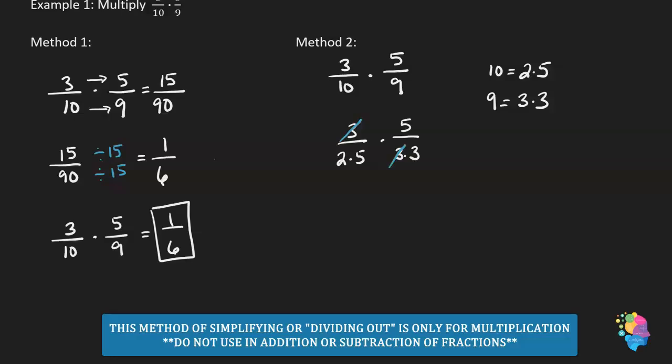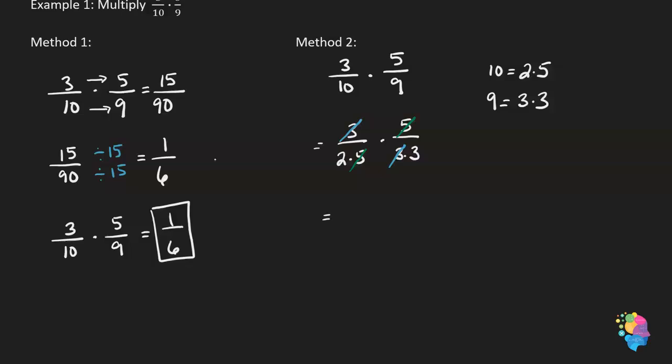The next thing that we can simplify is the 5's, as long as we simplify a denominator with a numerator. Once we have that, we notice that there are no other factors to be divided out or simplified, so we just multiply the result.